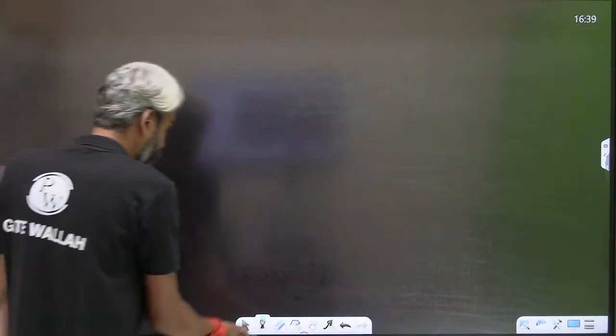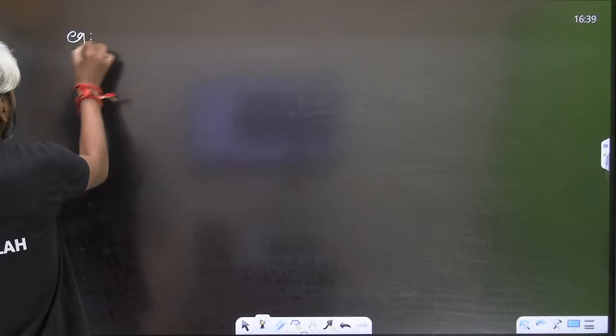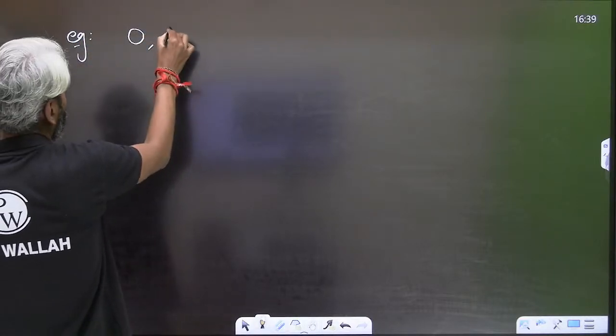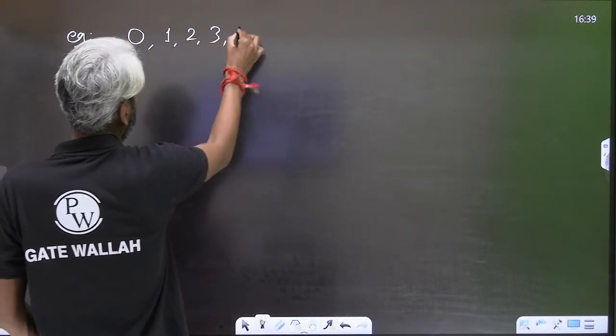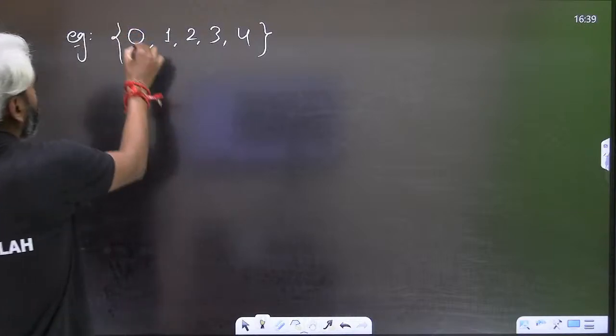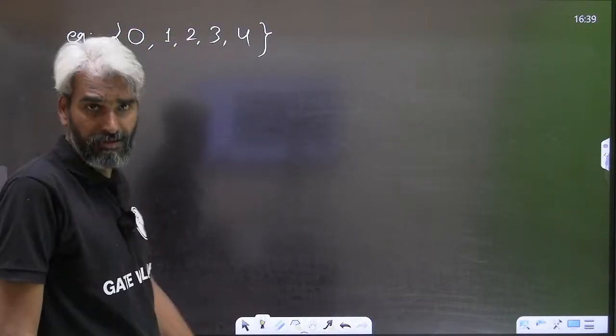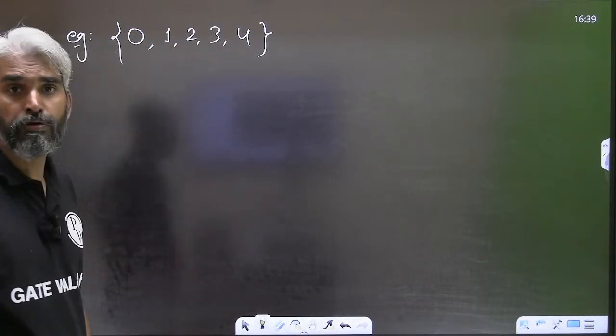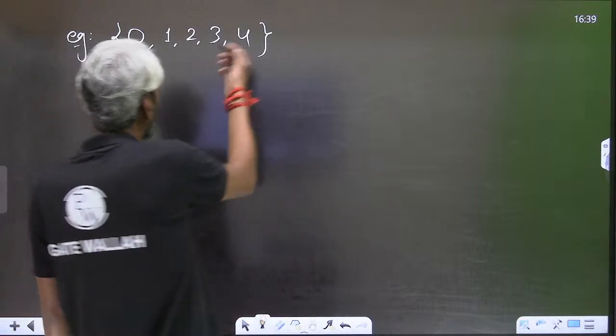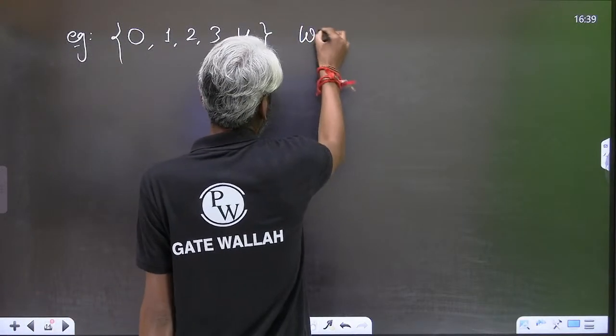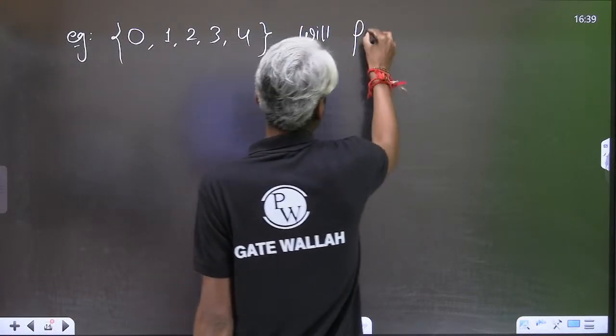So let's take an example. If I simply say 0, 1, 2, 3, 4, these numbers are from 0 up to 5 minus 1. So 0, 1, 2, 3, 4 will form a finite group.